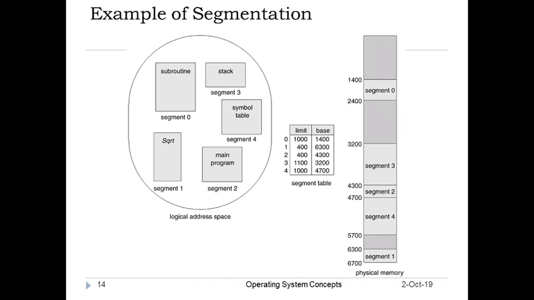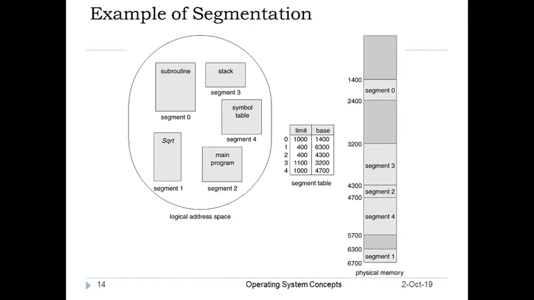And there is also the need of a memory table, which is also called the segment table, which consists of 3 columns. First is segment number, second is limit, and third is base. Here segment number indicates the index of the segment, limit indicates the size of the segment, and base indicates the starting address of the segment in physical memory. For example, here segment 0 has the size 1000 bytes, and as it is loaded in the frame whose base address is 1400, 1400 plus 1000 is 2400.